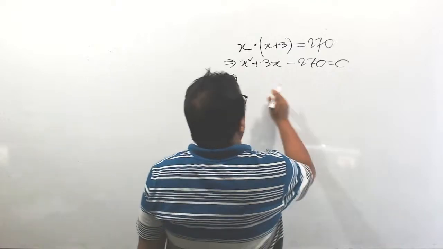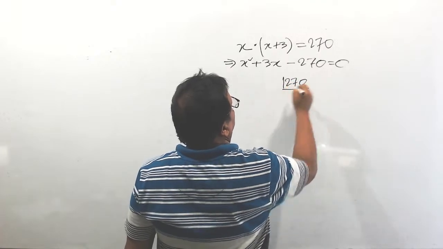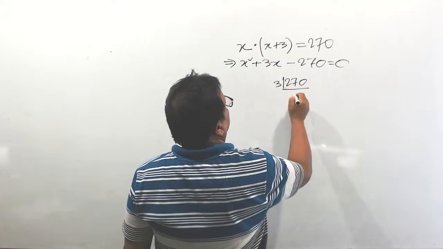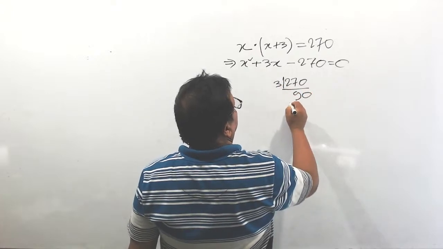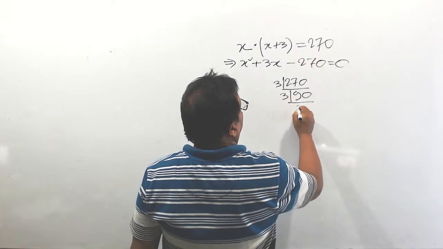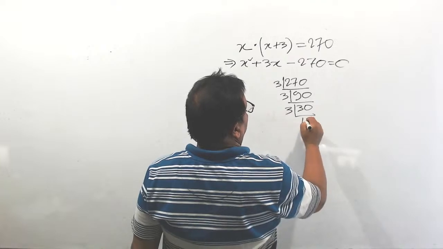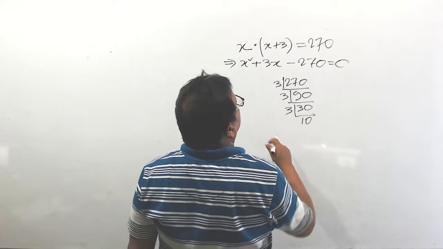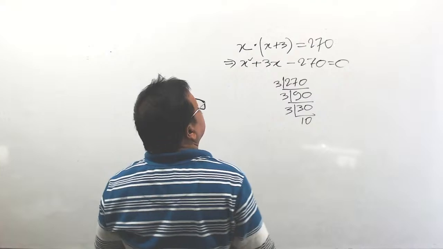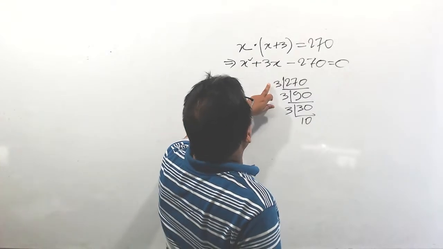That is, factorize 270. Have I done any mistake?